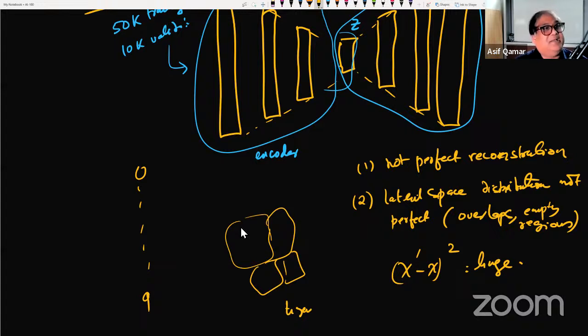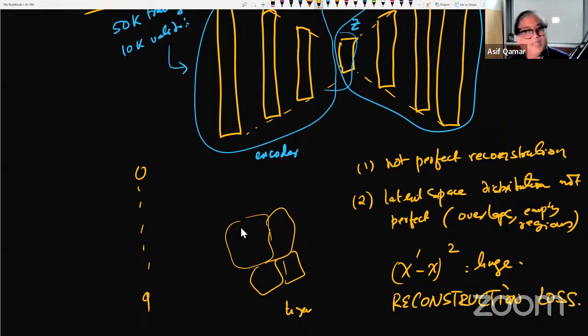What is likely to happen when you give it an anomaly? The reconstruction. So this is the word. So let's introduce a term, reconstruction loss. The reconstruction loss will be high, right? So the larger the reconstruction loss, the more you should feel, oh, there's something odd about this picture, right?